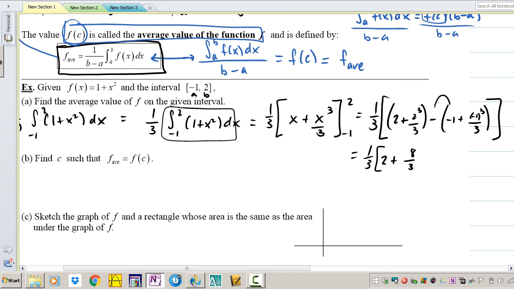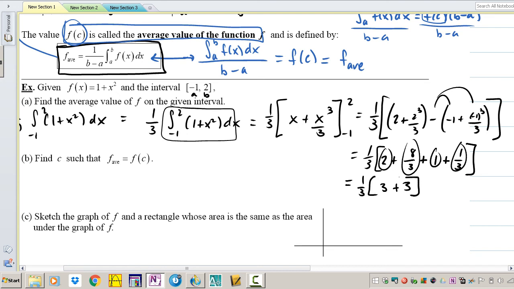And I'm going to distribute my sign already, so it's going to be plus 1 and then plus 1 over 3. And then all I have to do is combine my terms here. 2 plus 1 is 3. 8/3 plus 1/3 is 9/3, which is 3. And now I have 6 on the inside, and 1/3 of 6 is 2. 2 is my average value.